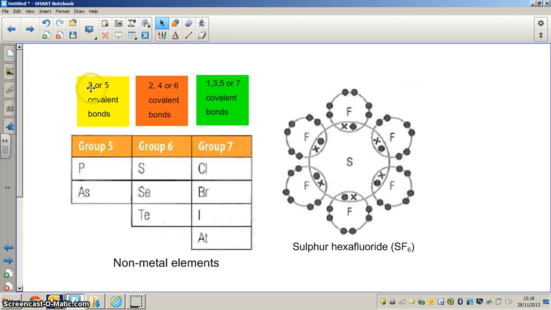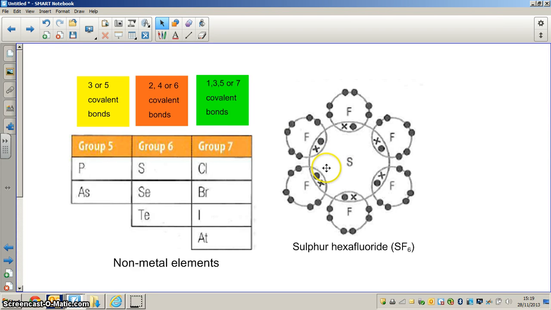They generally form 3 or 5 covalent bonds. In group 6 we have these non-metal elements, and they form 2, 4 or 6 covalent bonds. And group 7, these non-metal elements form 1, 3, 5 or 7 covalent bonds, depending upon where they sit.